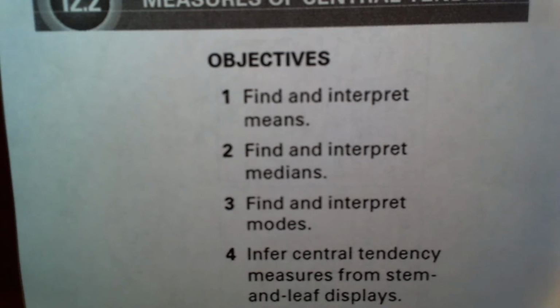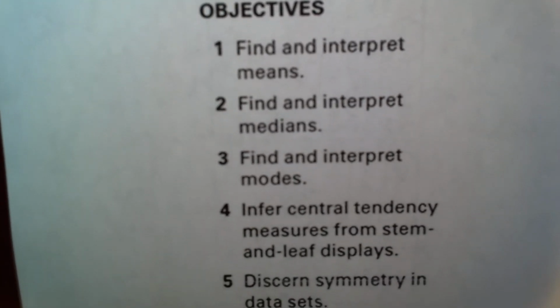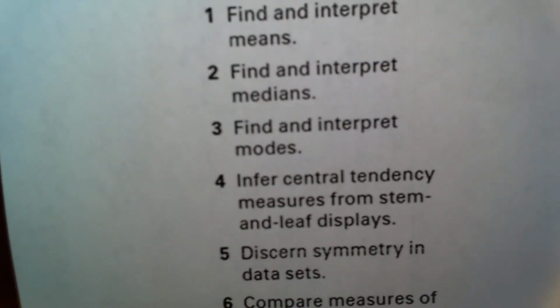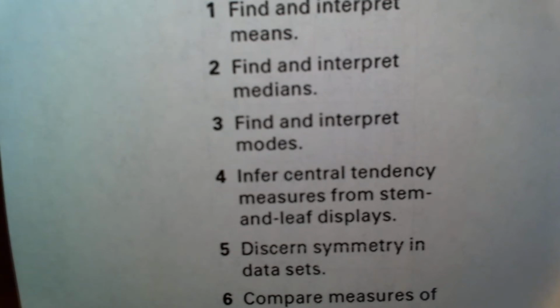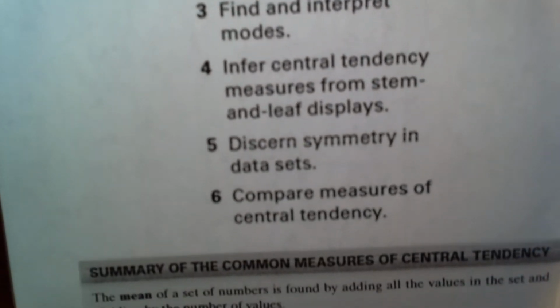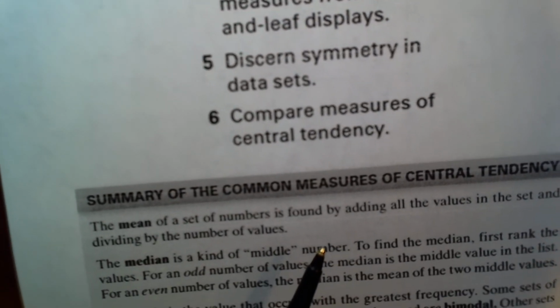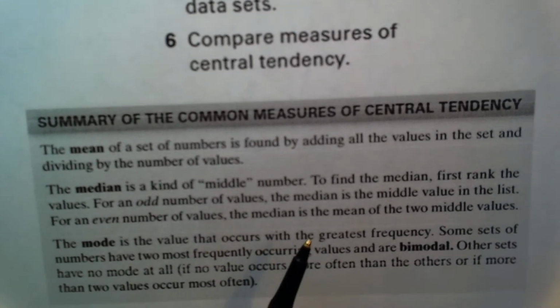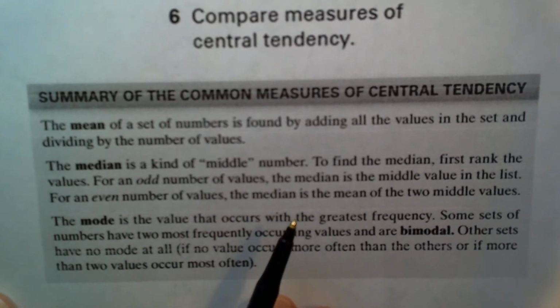We've done this in the previous section. And then discern symmetry in data sets. And last but not least, compare measures of central tendency. Well, I put that last part in the beginning because it gives you a good overview of the things that we'll be discussing here. And of course, we go into more detail as we progress in the section.